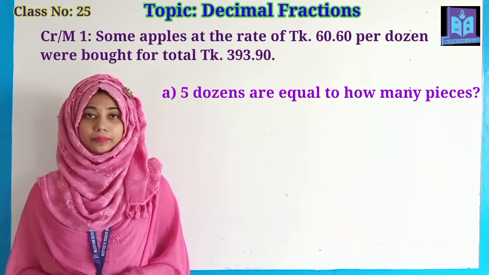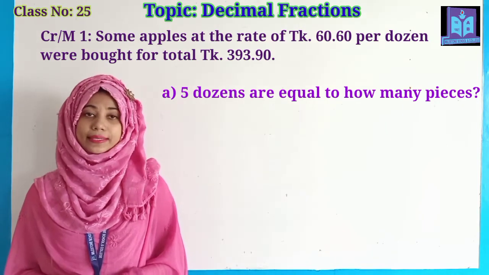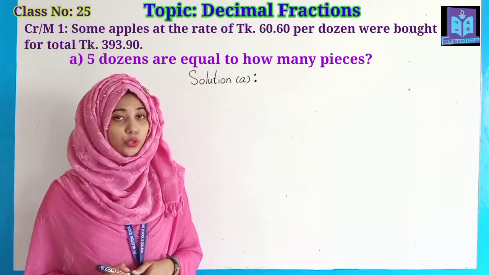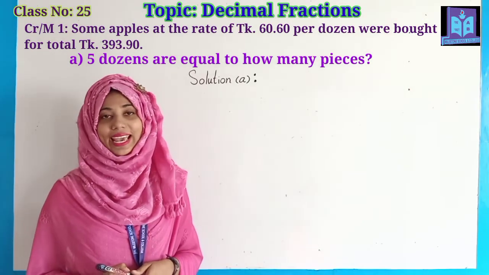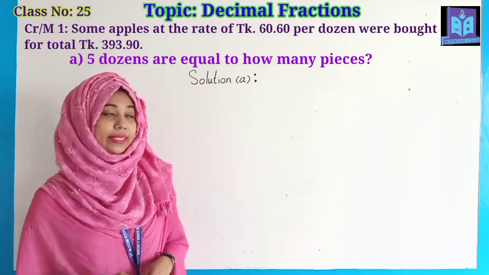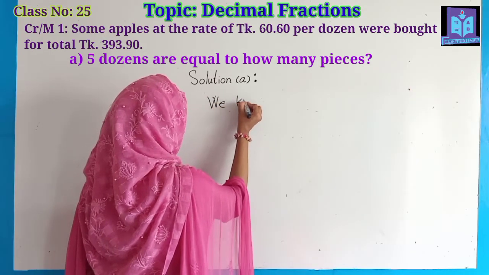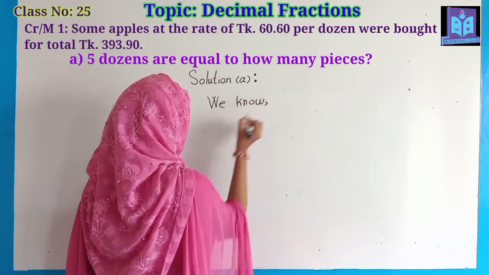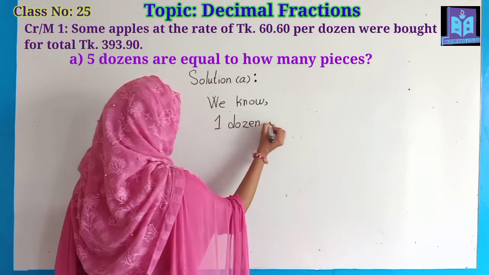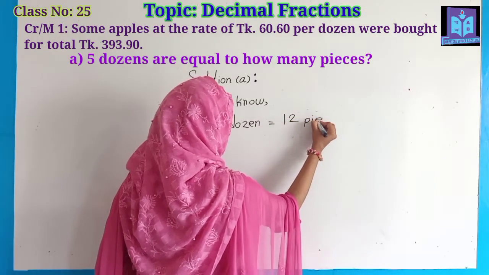It means number A. So question is, 5 dozens equal to how many pieces? Do you know 1 dozen is equal to how many pieces? Oh yes, 12 pieces. So at first we will write this. We know 1 dozen equal 12 pieces.